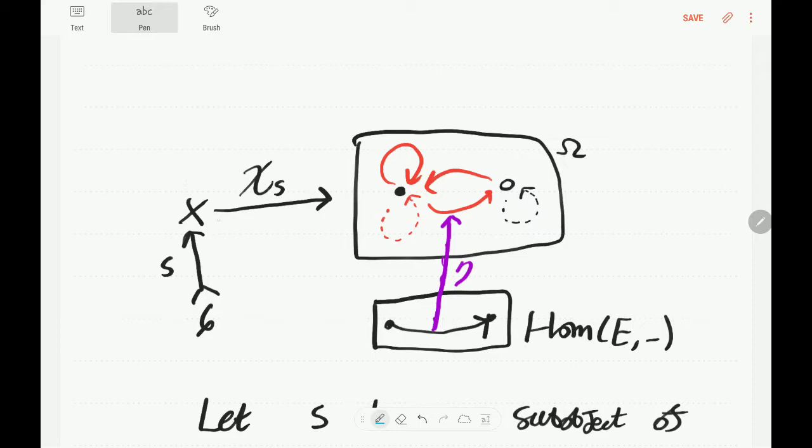Let's say we have some graph X, and we have some subobject S of it that we're looking to find the out neighborhood of. So maybe S is just like a single vertex of X or whatever.